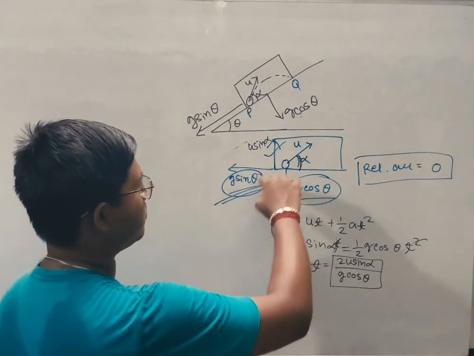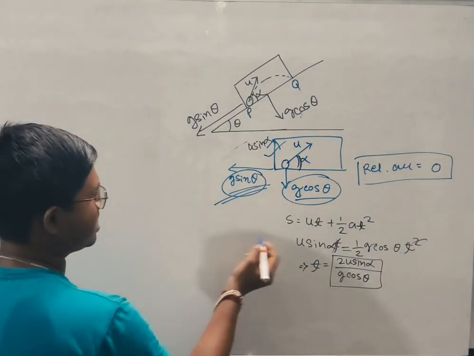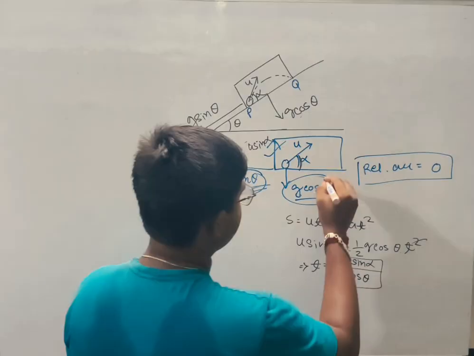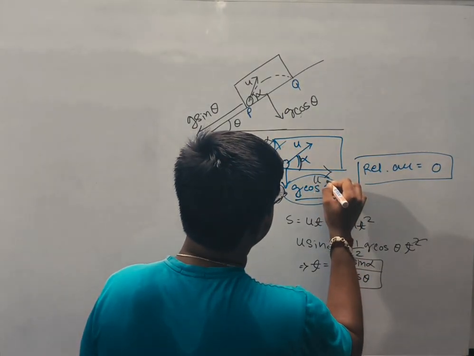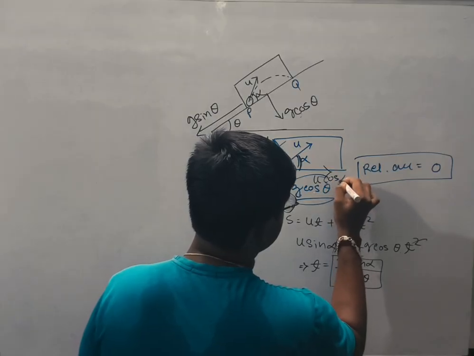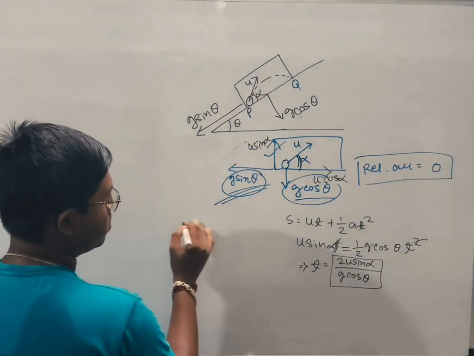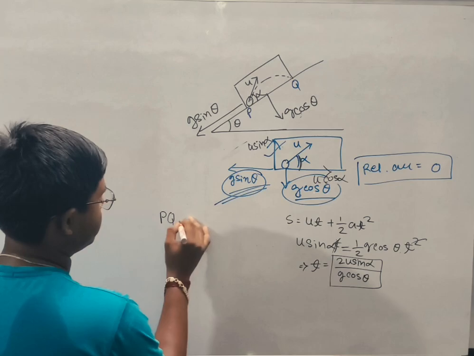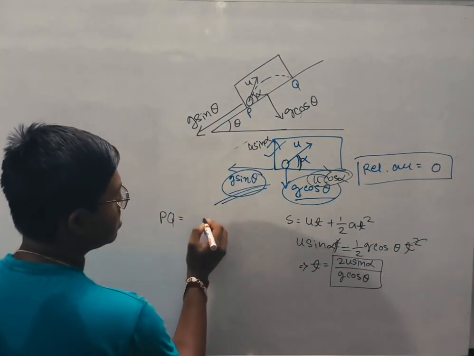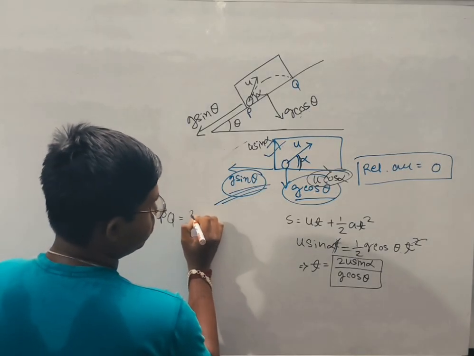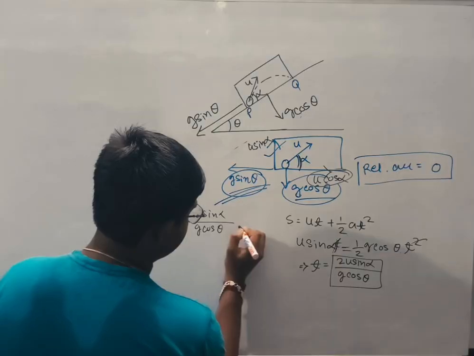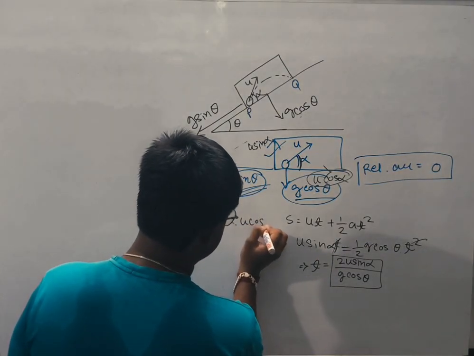The ball is covering its range with the velocity u cos alpha. So to get the range PQ, we multiply the velocity and the time: 2u sin alpha by g cos theta into u cos alpha.